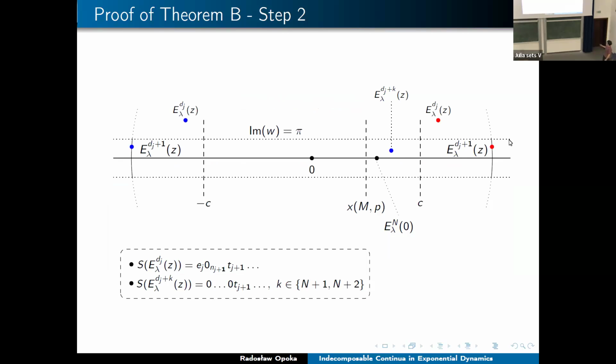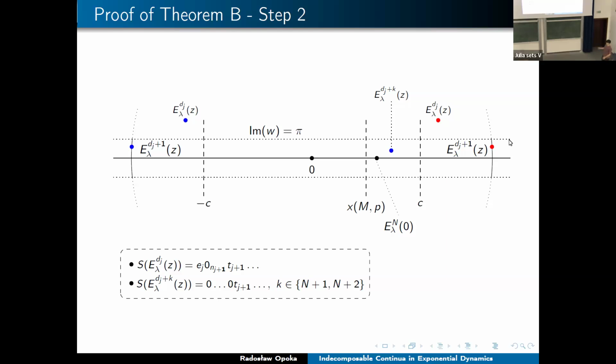So we have a point which is to the right of some big C, or, in the second version, to the left of minus C. Our itinerary looks like this, because this is DJ, so our itinerary begins with EJ. If we apply e to this point, we get this point or this point.